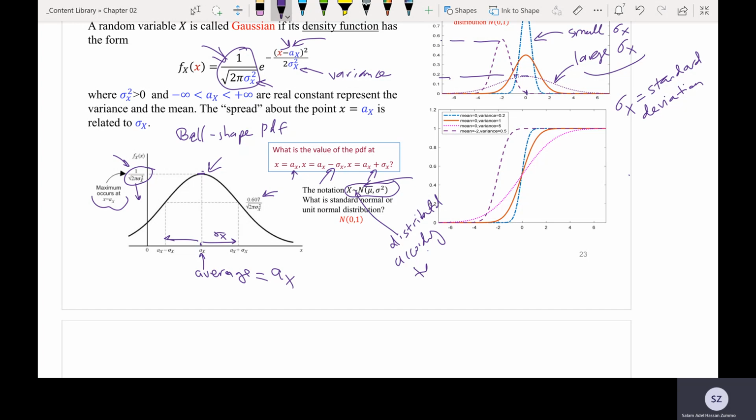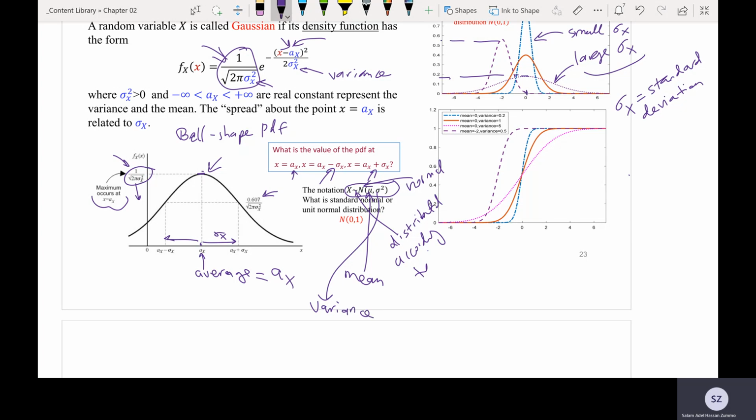This N means what? Normal. Normal distribution. With what is mu here? Mu here is the mean, our average. What is sigma squared? Variance. So this is the notation that we will use in many classes to come.